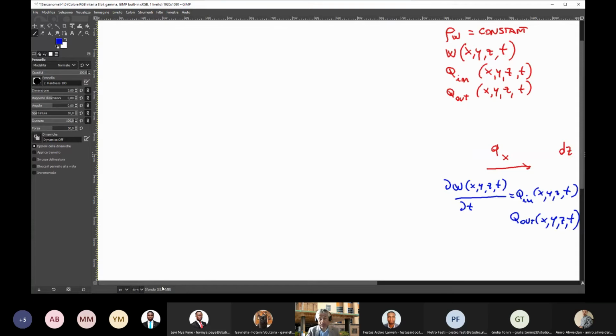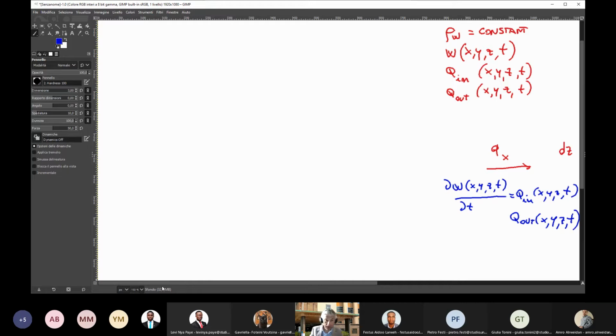Let me start by saying that Q in can be decomposed into three components. So the total flow, capital Q, entering into the control volume can be decomposed into three components along the three axes.